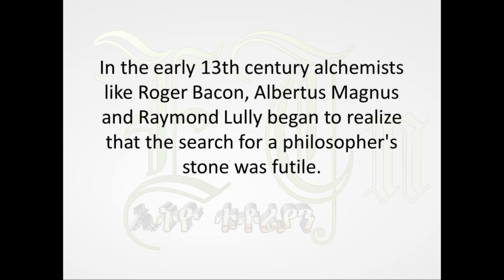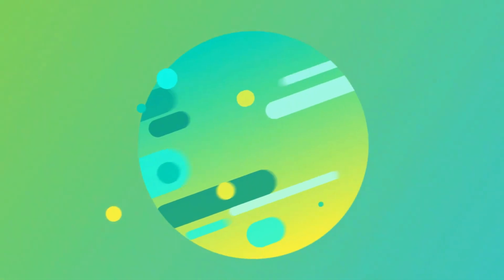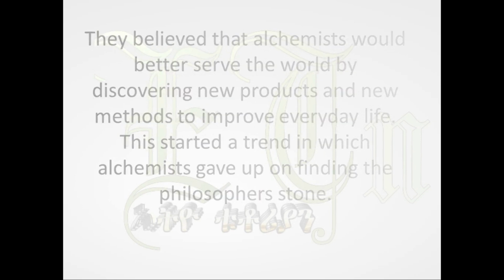In the early 13th century, alchemists like Roger Bacon, Albertus Magnus and Raymond Lully began to realize that the search for a philosopher's stone was futile. They believed that alchemists would better serve the world by discovering new products and new methods to improve everyday life. This started a trend in which alchemists gave up on finding the philosopher's stone.